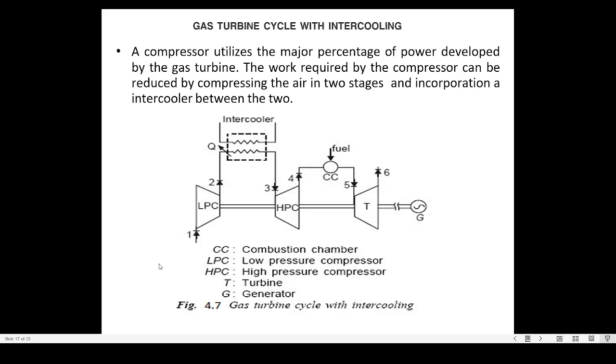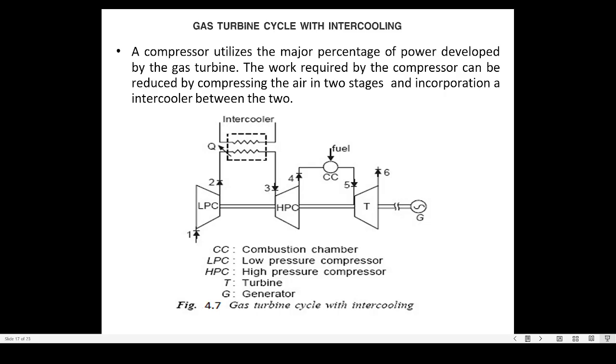The main difference that one can identify between the gas turbine cycle with intercooling and the simple gas turbine cycle is this: in the simple gas turbine cycle, there was only one compressor, isn't it? Here two different compressors are used.